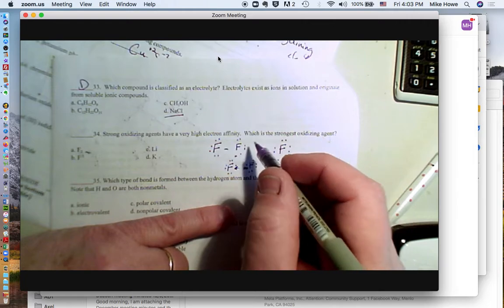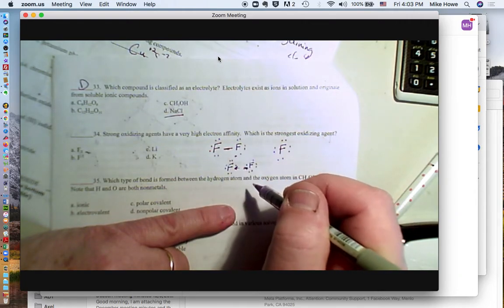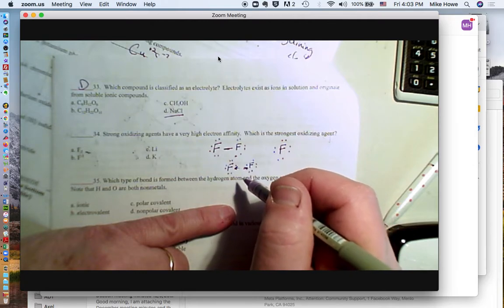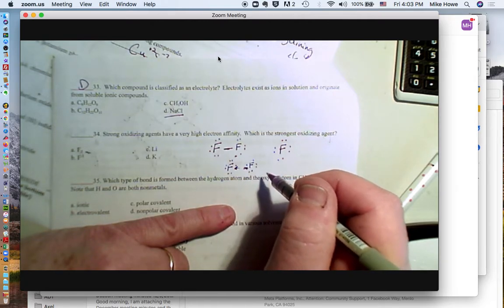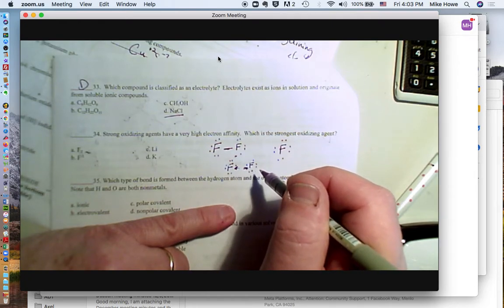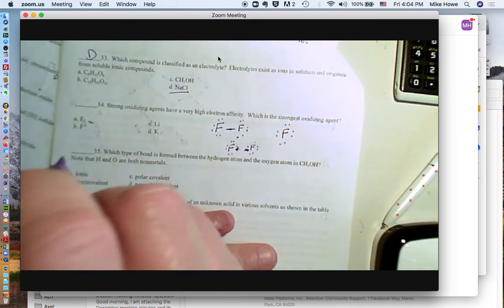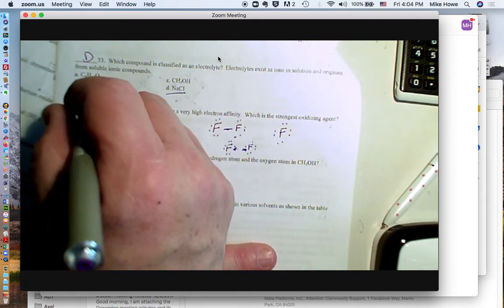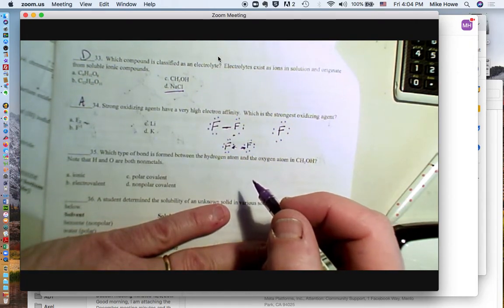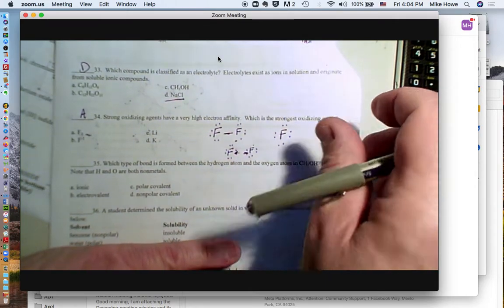So the reason fluorine pairs up to be diatomic is to try and share an electron to fill this empty spot. But if there's another option, it would rather do the other option. So if there's some other element that could give an electron to it, it'll break apart and take that electron and just pull it right in. It's a very high electron affinity. So the answer there is A, fluorine, very strong oxidizing agent because it's a small atom and it has an open spot in its outer shell.